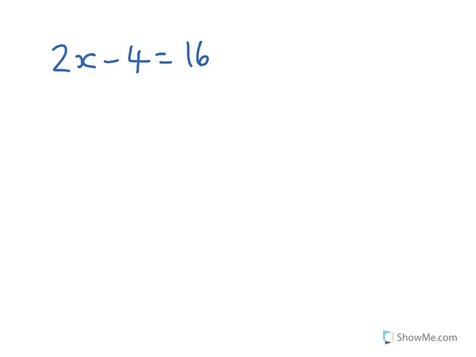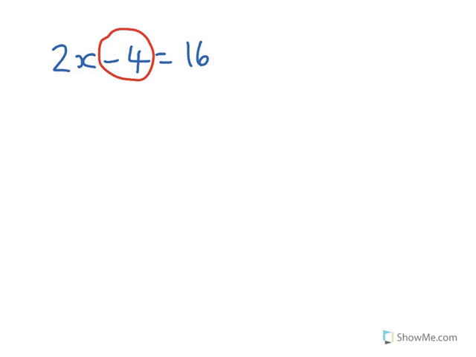Okay, next example, 2x minus 4 equals 16. Now, as you can see, we're getting more complicated as we go. Now, in this case, if you think of BIDMAS, we all know what BIDMAS is, we're going to reverse the order. Okay, so the most important thing is the addition and subtraction. So in this case, I want to get rid of this minus 4 here.